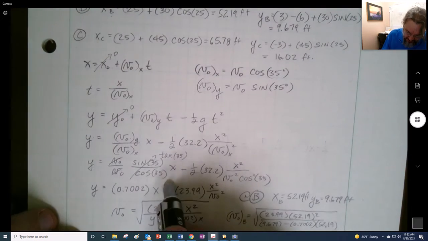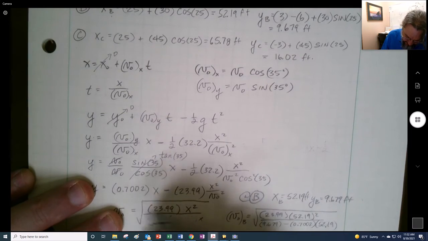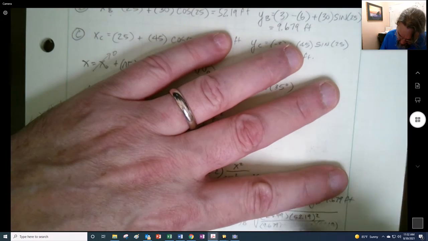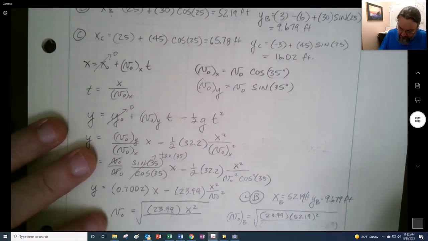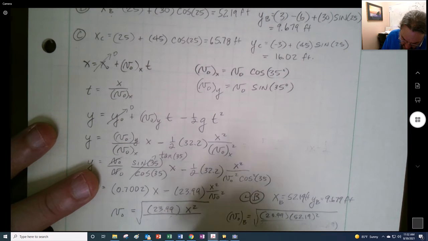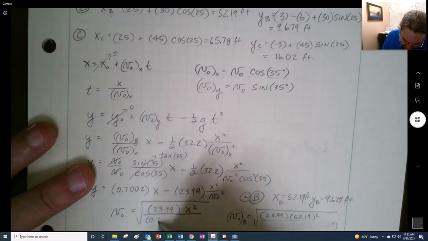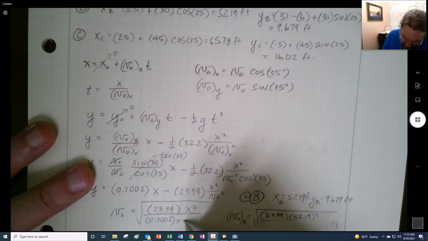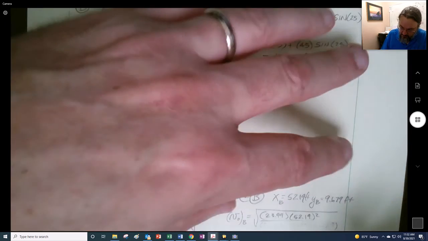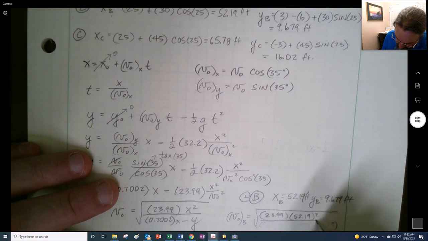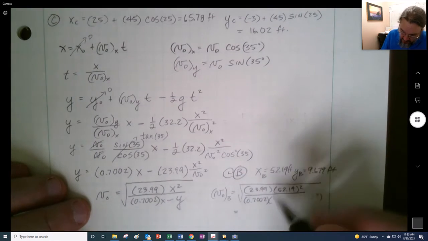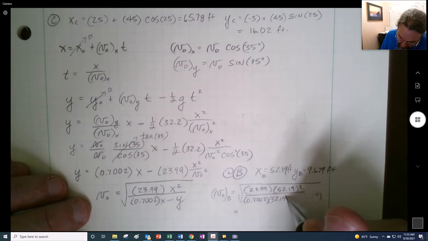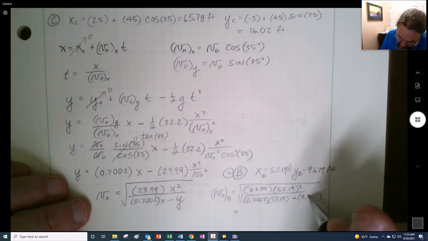Shoot, because that's negative. This flips around. Should have just read off of what I have written over there in the other thing, but no. And I'm going to try to think my way through this thing. 0.7002x minus y. And so this becomes right here. 0.7002 times our 52.19 and then minus our 9.679.